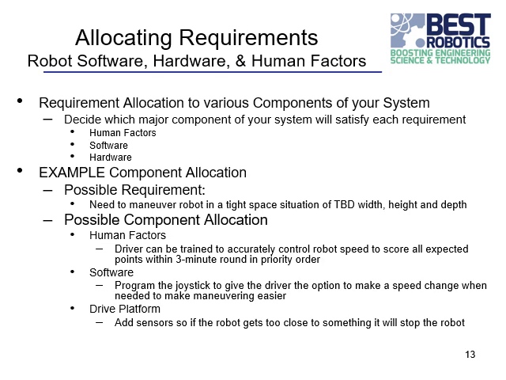So one requirement is maneuvering in a tight space of a certain width, height, and depth. Then you need to allocate those to those particular sections. And here are some examples of how that requirement could be allocated down to the driver. Maybe it's training there to be able to move through there. Practice probably too. Software: maybe you need it so that the driver can slow down at certain tight areas pretty easily to be able to maneuver.